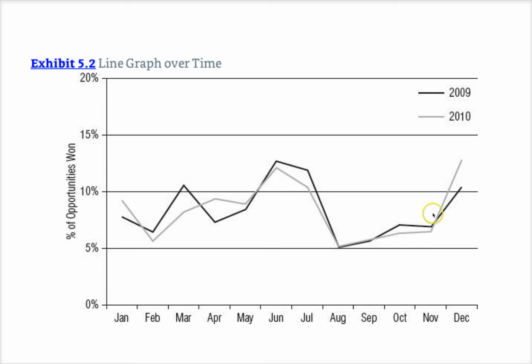We can make quick visual comparisons, and making the axes clear in terms of what's being covered in each axis is key to one of these displays. And what we're seeing here is the connectedness from month to month, the trend. So lines are really good at dealing with the visual display of trends.